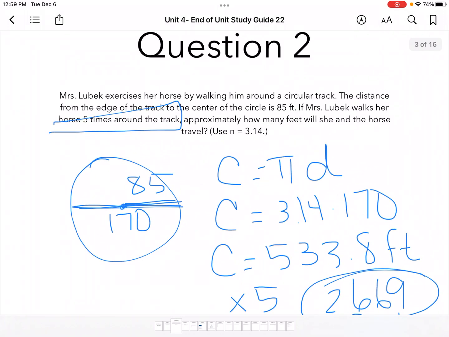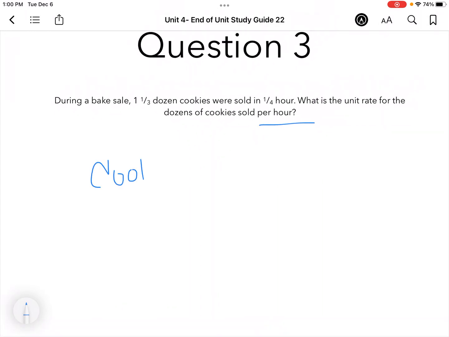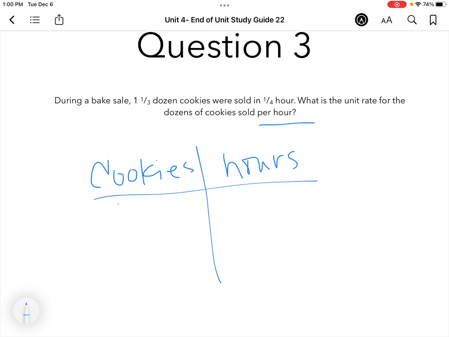All right. During a bake sale, 1 1/3 dozen cookies were sold in 1/4 of an hour. What is the unit rate for dozens of cookies sold per hour? So I've got cookies, and I've got hours. So that's 4/3, because 1 times 3 is 3 plus 1 is 4, in 1/4 of an hour, and I want to find for 1.